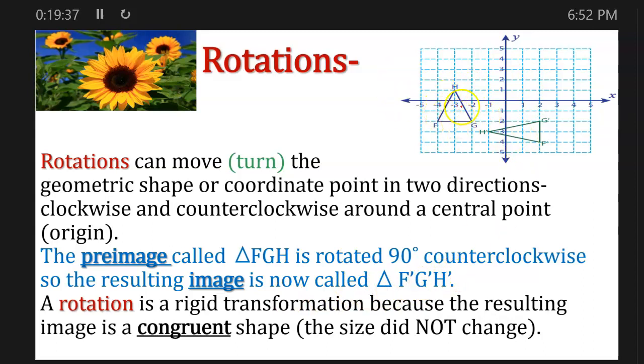So this is where we started, and then we rotated this way. And now the H is on the left and the GF is on the right-hand side of the shape. A rotation is a rigid transformation because the resulting image is a congruent shape. The size did not change.